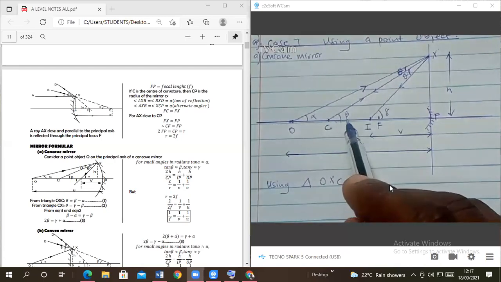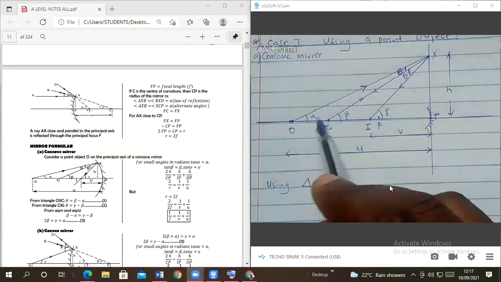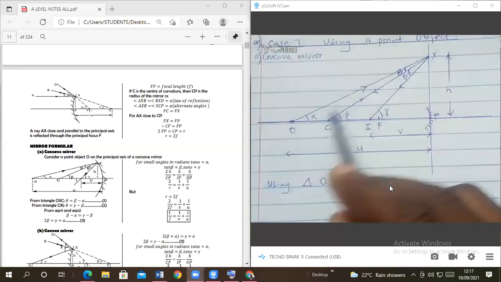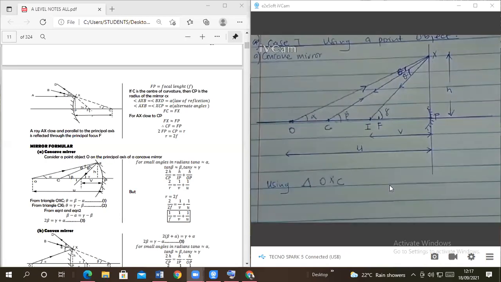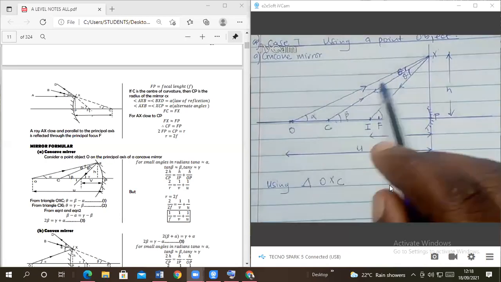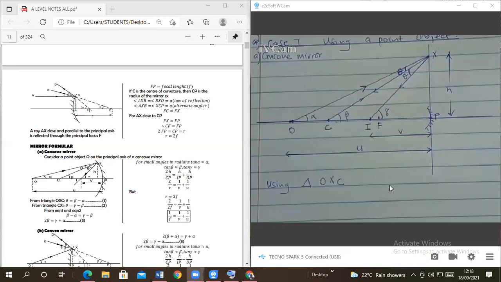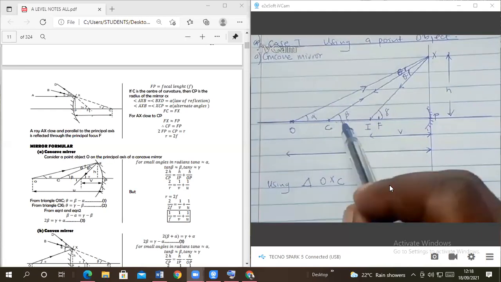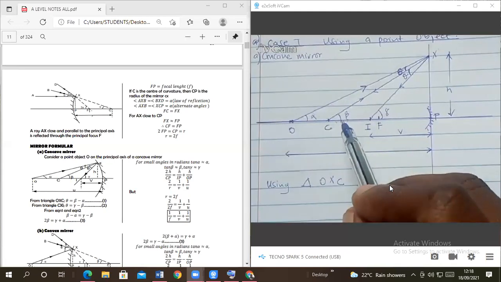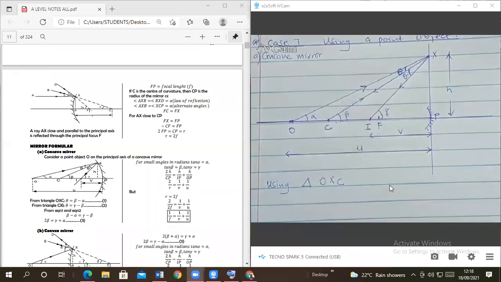One exterior angle is equal to the sum of the two interior opposite angles.